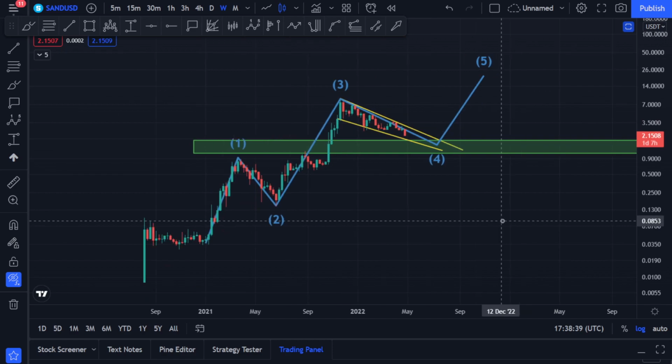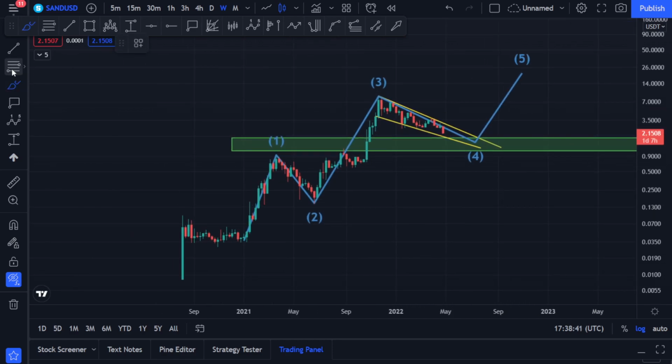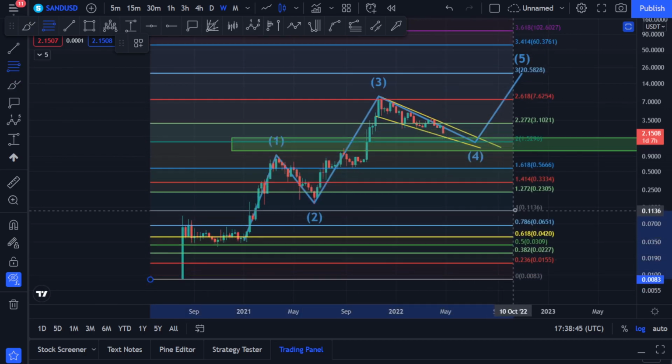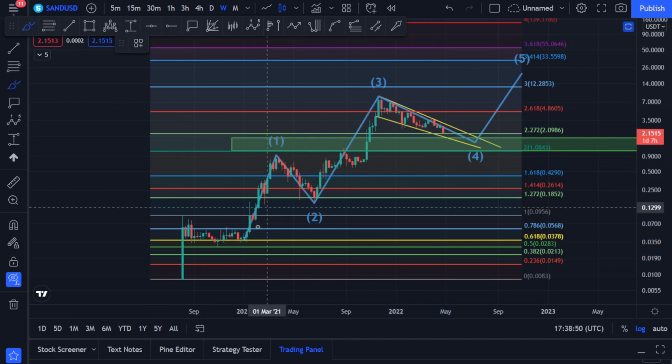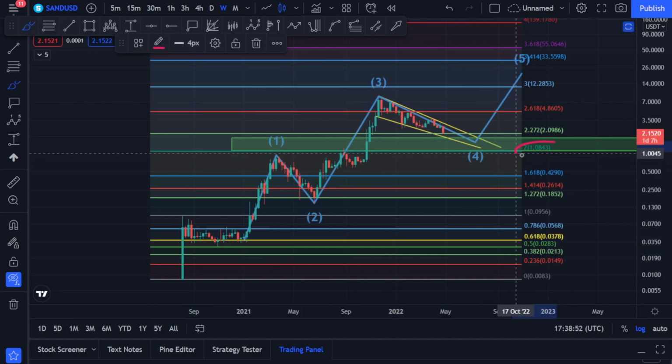Now, if we measure this move over here first, you can see the first wave went and hit the 2 level and the 1.618 level in between that.